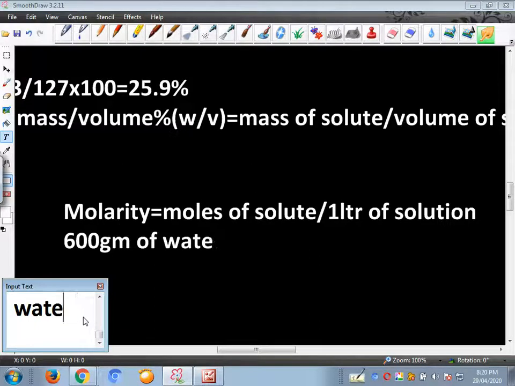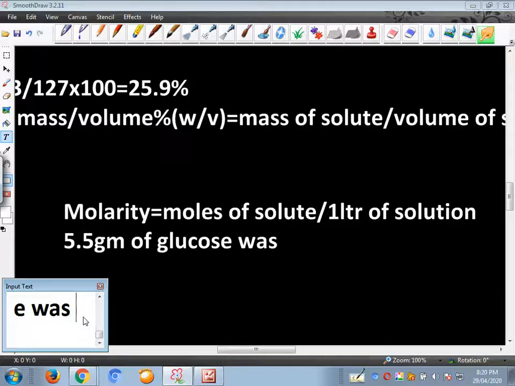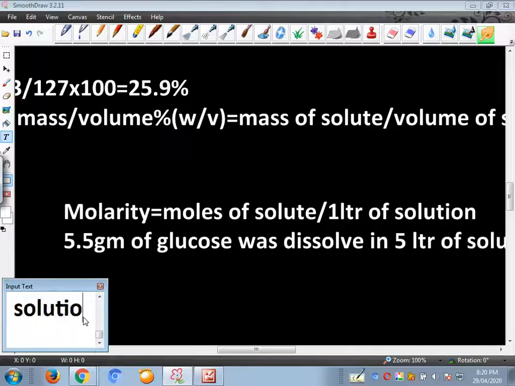Okay, we'll go for one more example. Say for example, 5.5 grams of glucose was dissolved in 5 liter of solution.